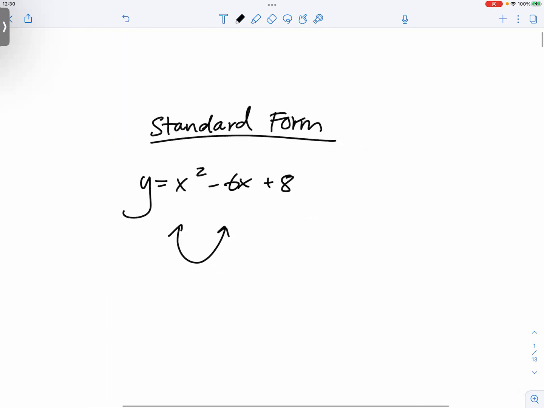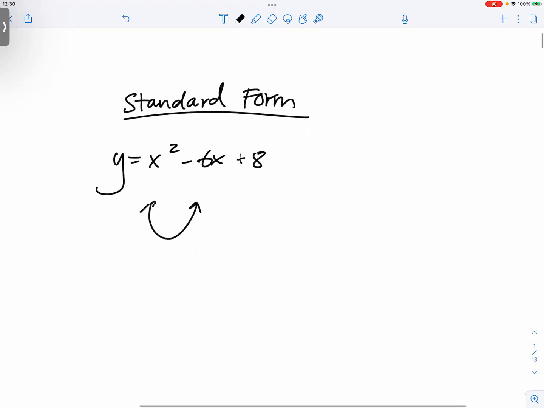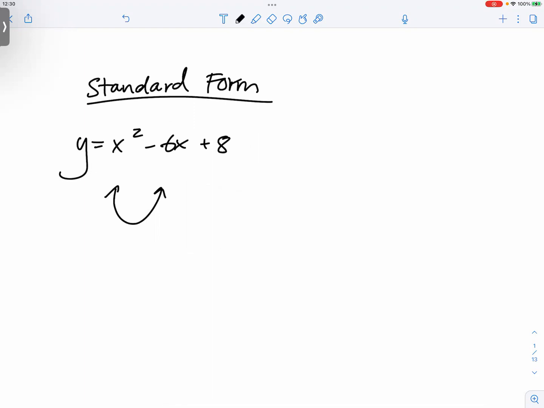Now, it's standard form, and then I'm going to ask you a question. And you have to answer this question very honestly to yourself, okay? I don't need the answer, but you have to answer this question honestly to yourself. Since I wrote this and showed you this equation, did you think of factoring? All right.